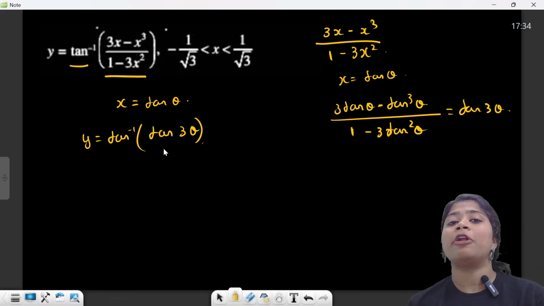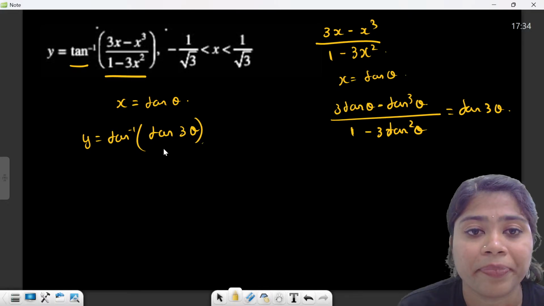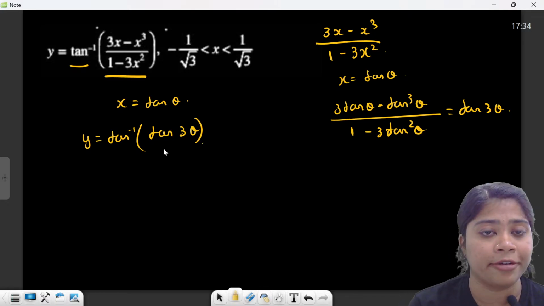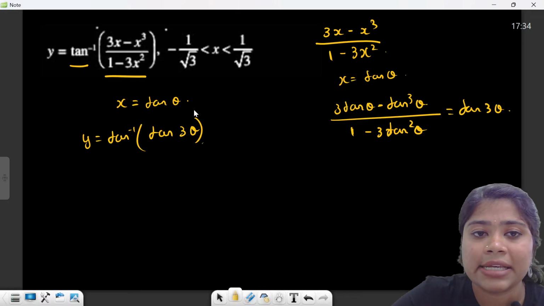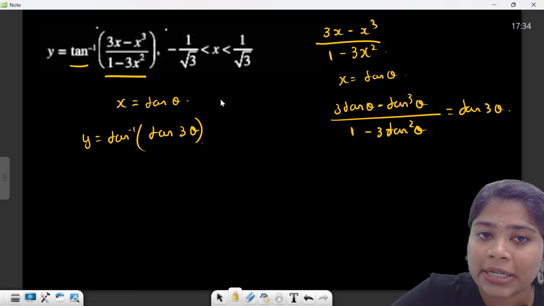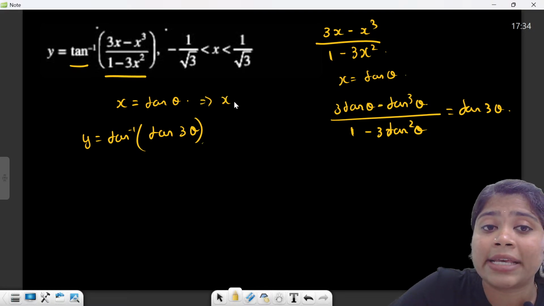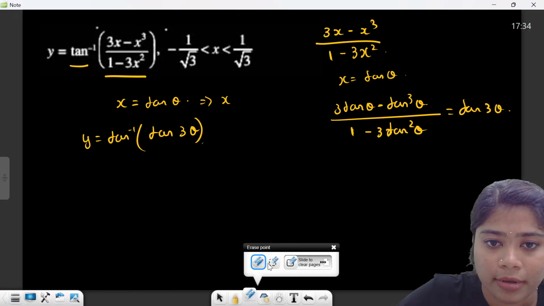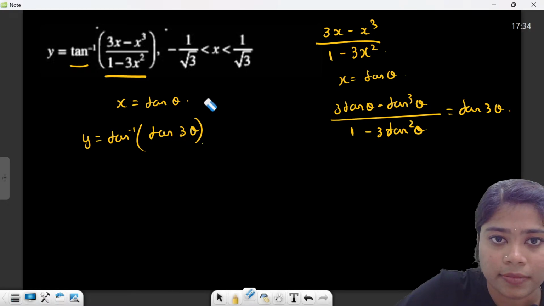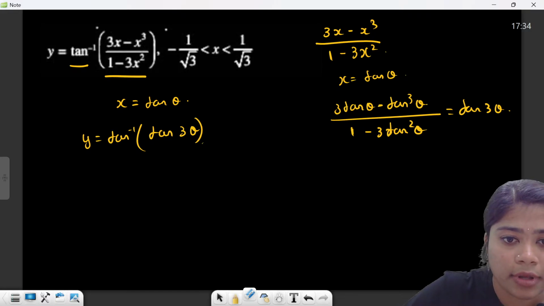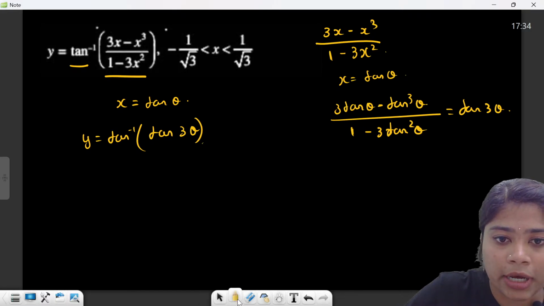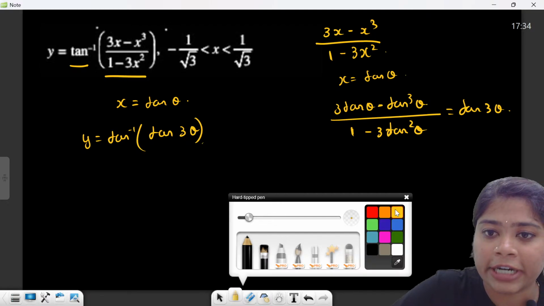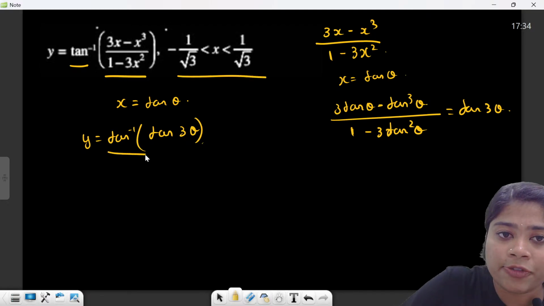So does 3 theta belong to that interval or not? What is theta actually here? x is equal to tan theta, right? For the given condition, this works.